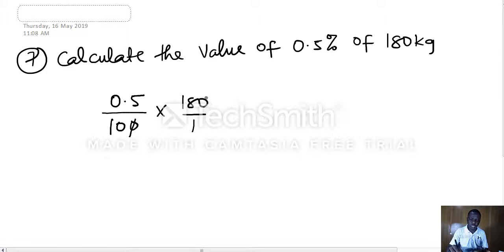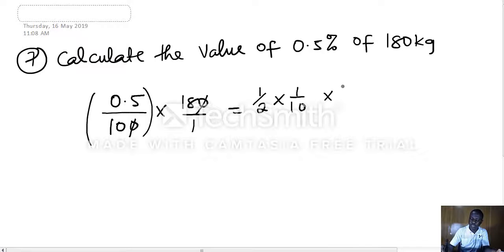So this will cancel this, and this can be said to be, 0.5 can be said to be half, which is 1 over 2, times 1 over 10 as an expression for this alone, then times 180 over 1.